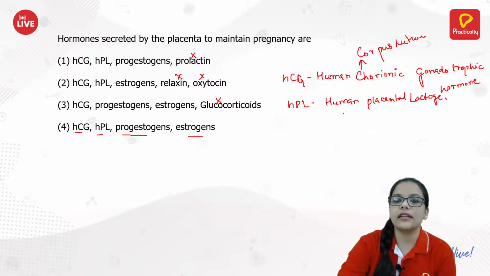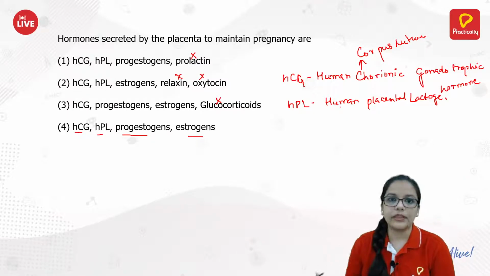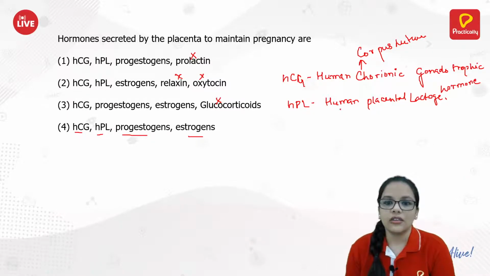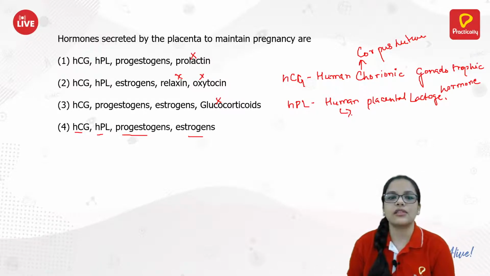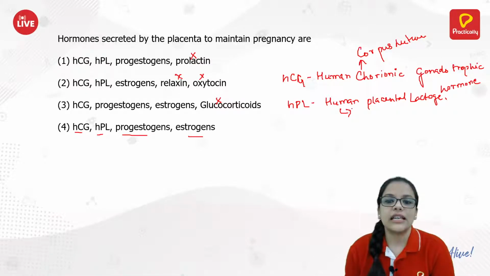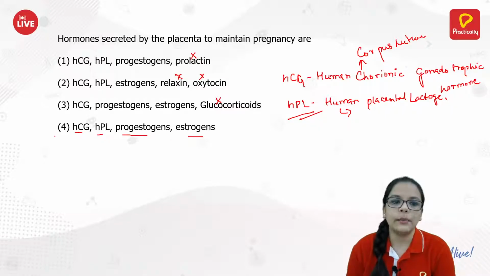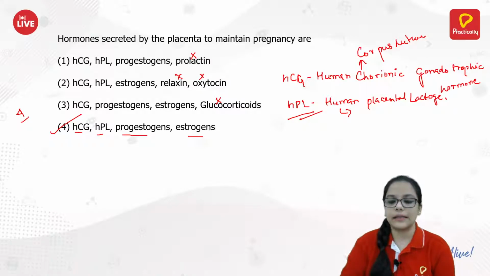HPL, on the other hand, maintains the mother physically, especially the increase in the breast size, etc. That physical maintaining of a mother's body is done by the HPL hormone. So all four of them are required to maintain the overall pregnancy.